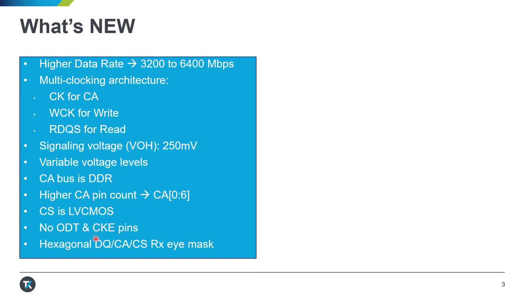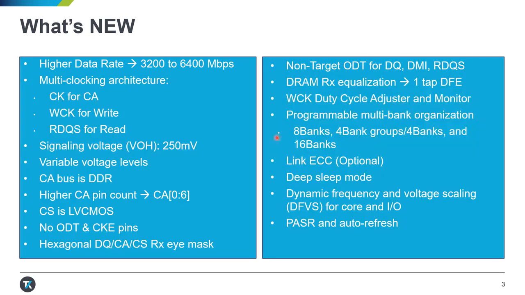There are no ODT or even the CK pins are gone. It's all command based. The RX I mask is hexagonal, it's not rectangular anymore. And this is something new. We have a non-target ODT enabled for DQ, DMI, and RDQS. This was not present in LPDDR4.